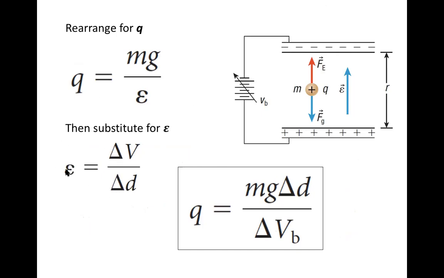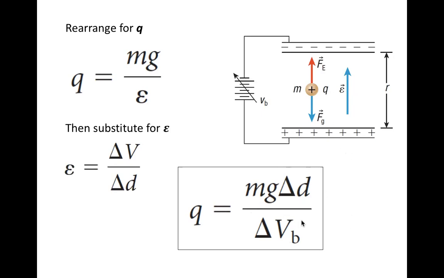If we take that equation for epsilon and substitute it into the denominator, we get an equation for the charge of the oil droplet, which is the mass of the oil droplet times the gravitational constant times the plate separation, divided by the potential difference that allows for this balance to occur.